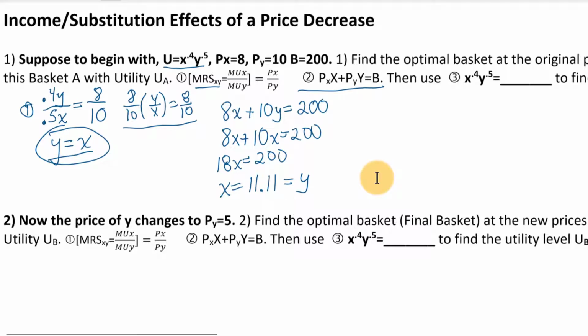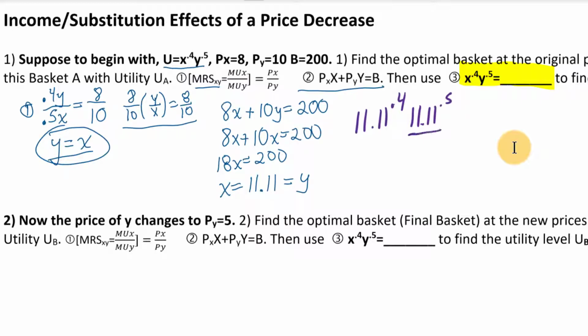Let's calculate the utility level just by plugging those values into our utility function. So here we're going to have 11.11 to the 0.4 times 11.11 to the 0.5. And we can simplify that because these are the same number, we can add those exponents. We get 11.11 to the 0.9.